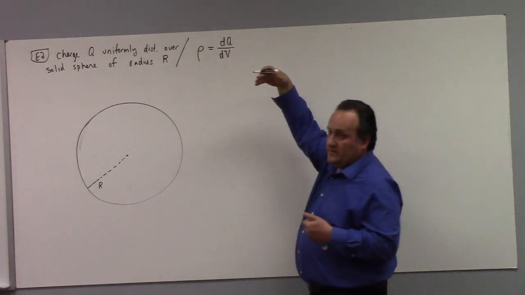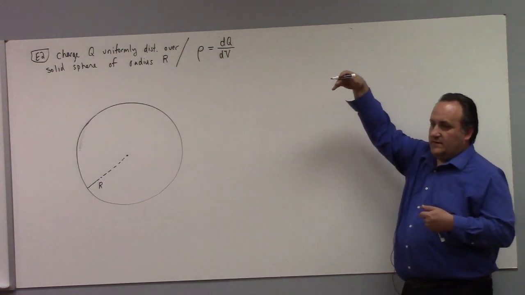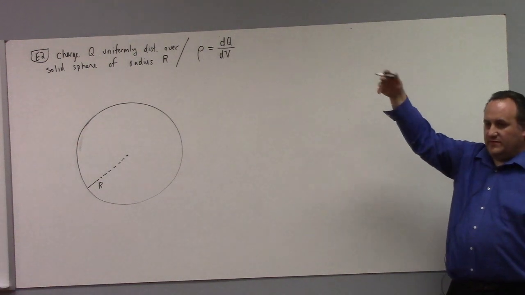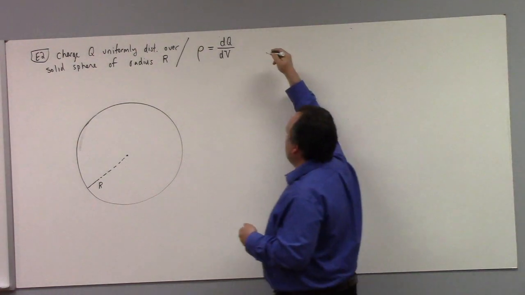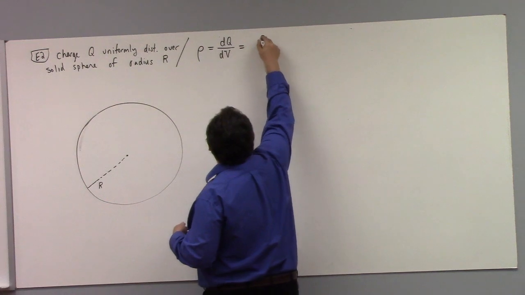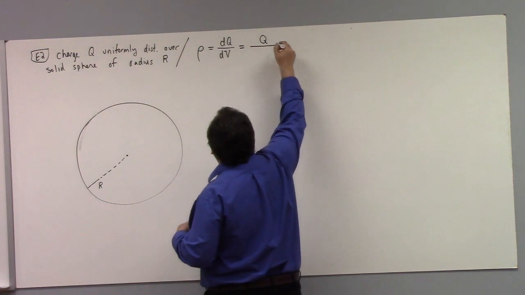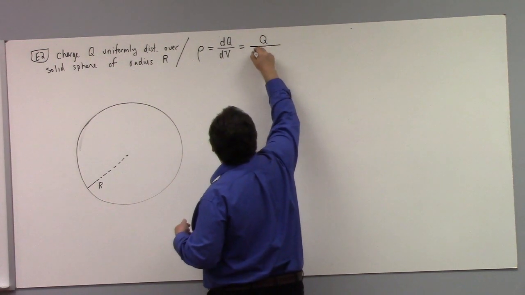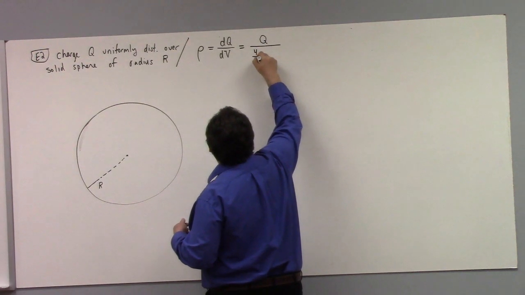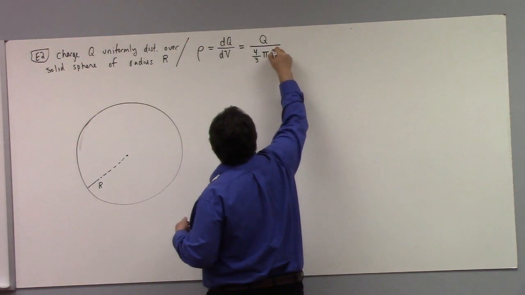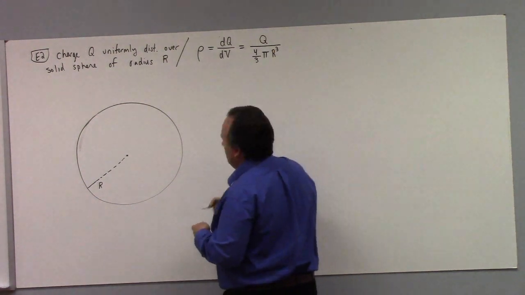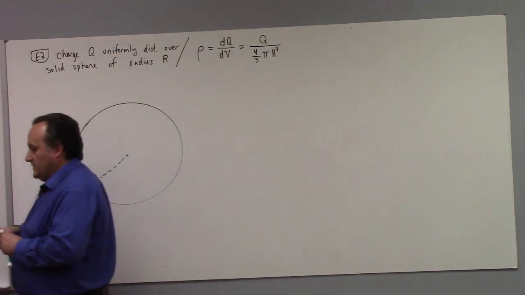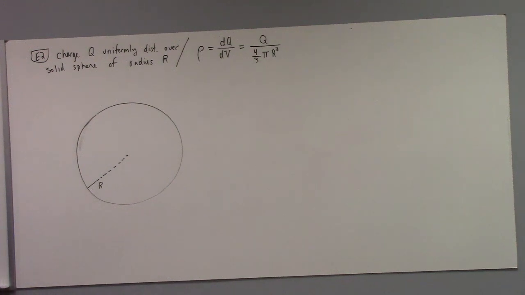But it's uniformly distributed, so we can set it equal to the ratio of the total charge, which is Q, over the total volume of the sphere of radius R. What's that volume? 4/3 pi R squared. 4/3 pi. Yeah, 4/3 pi R cubed. There you go. That's the charge density. Great.